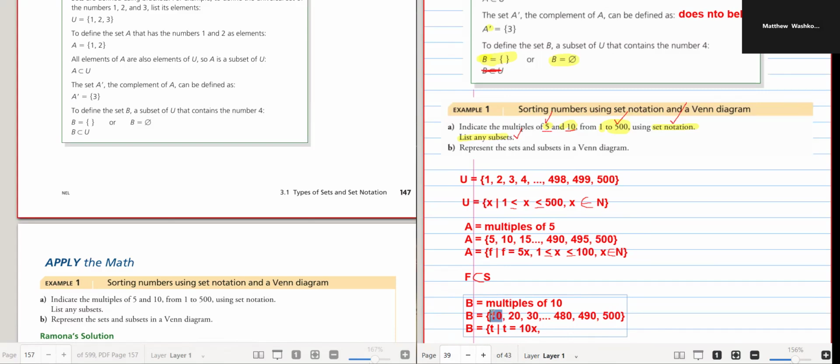So 1 times 10 gives me 10, and 50 times 10 gives me 500. As long as X is between or equal to 1 and 50, this works out, as long as X is part of a natural number.